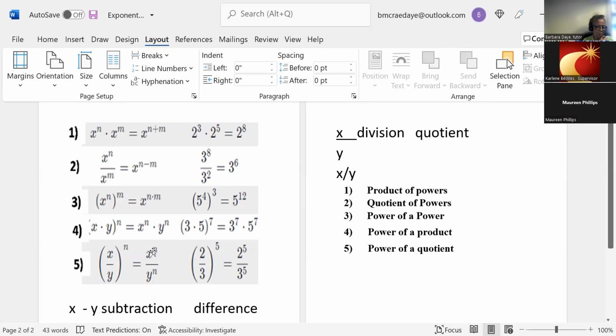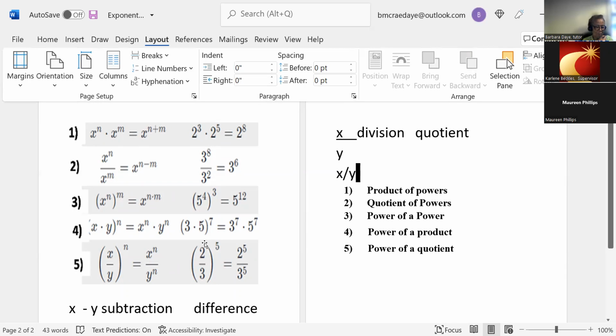Oh, X to the N, Y to the N. What's this? This means what operation? Division. So it's X to the N divided by what? Y to the N. That's right.